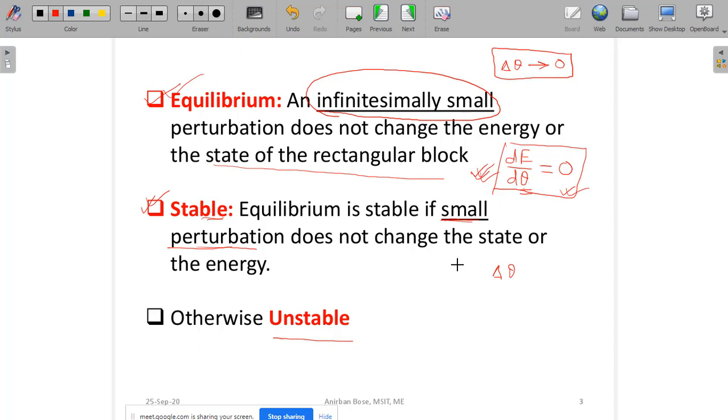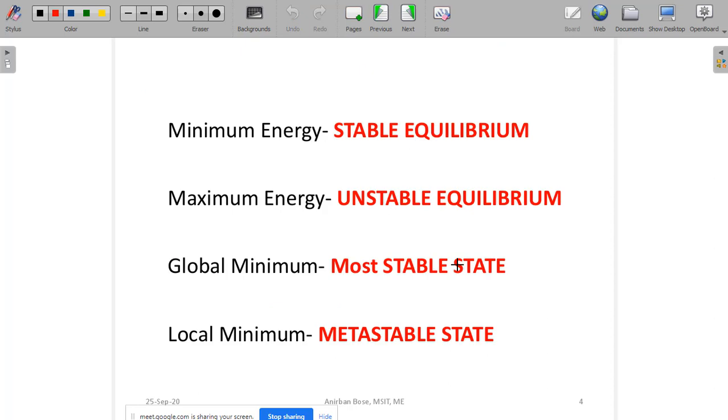Now let us see a few important terminologies we frequently use in this course. The first is minimum energy. In the energy diagram, that is the energy versus configuration diagram we have just seen, the minimum energy corresponds to the stable equilibrium.